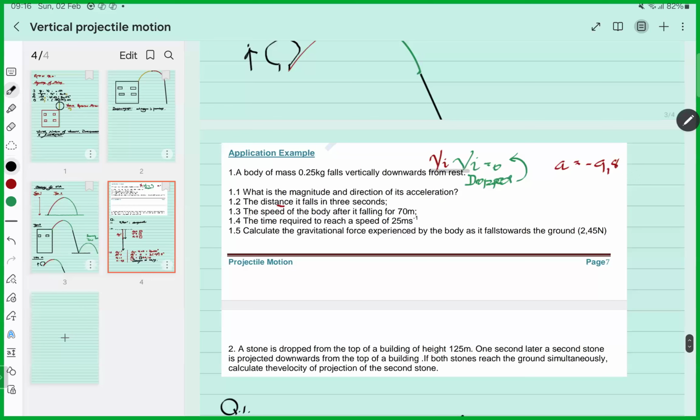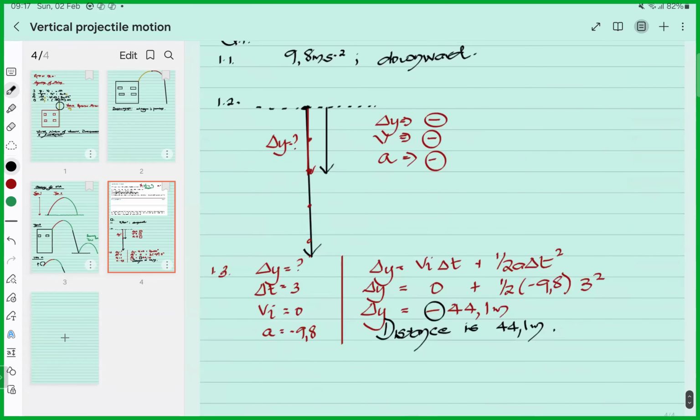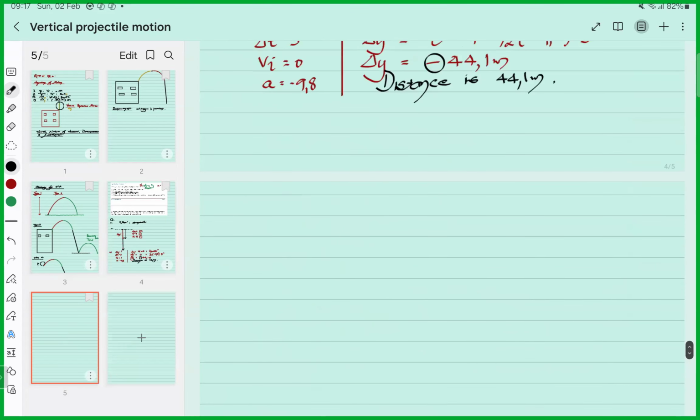The speed after falling 70 meters. Right, so the speed after falling for 70 meters. So what is that? That's your final velocity. So you want to find the final velocity.